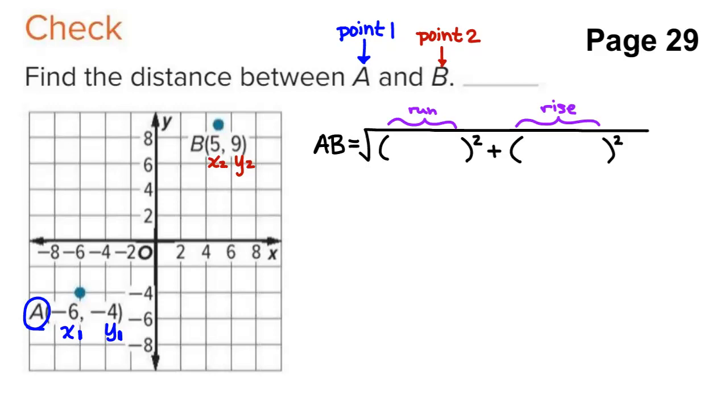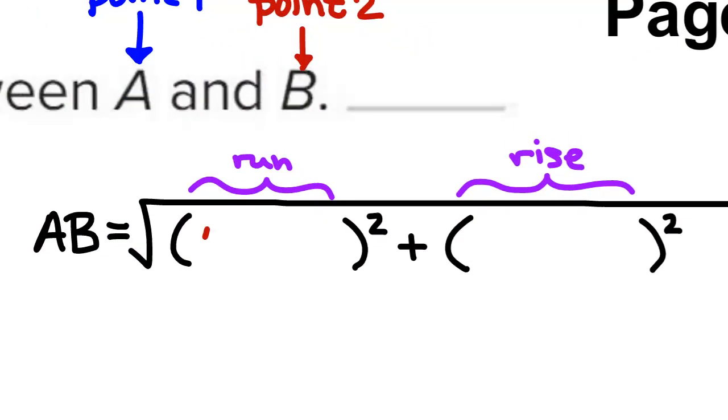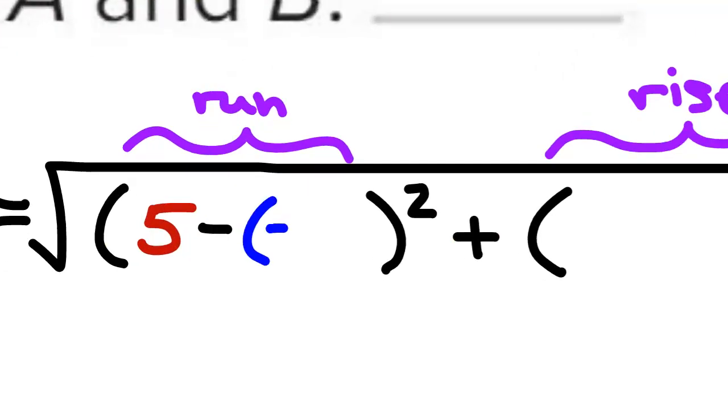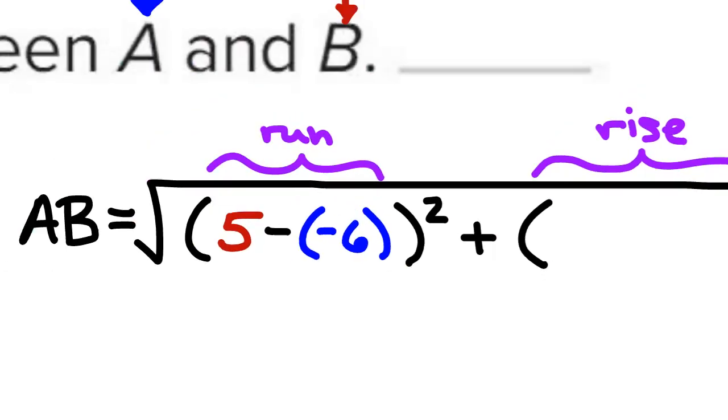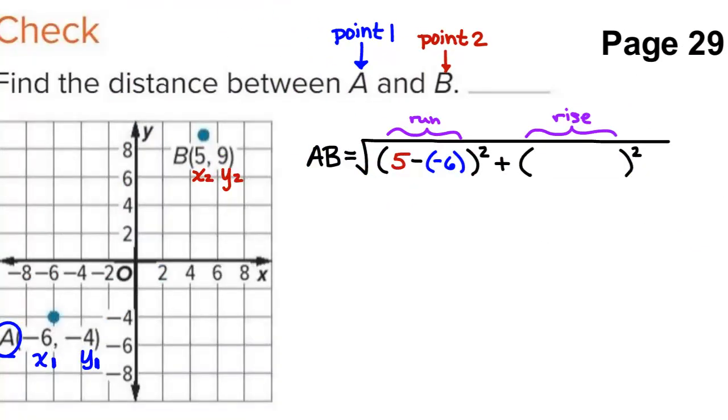How do I do the run here? x2 minus x1. What's my x2? 5. So 5 minus, it's always going to be minus after my x2 or my y2. And then I need x1. What is x1? -6, since it's a negative inside parentheses here. 5 minus -6.